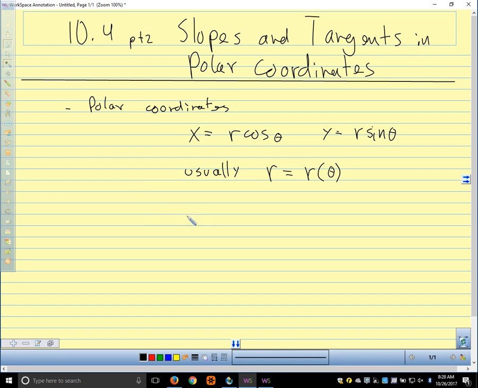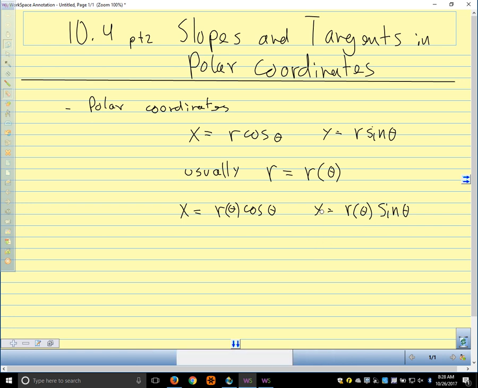So our polar coordinates are actually a set of parametric equations. We can write that x equals r of theta cosine theta and y equals r of theta sine theta. So x and y are both functions of theta.